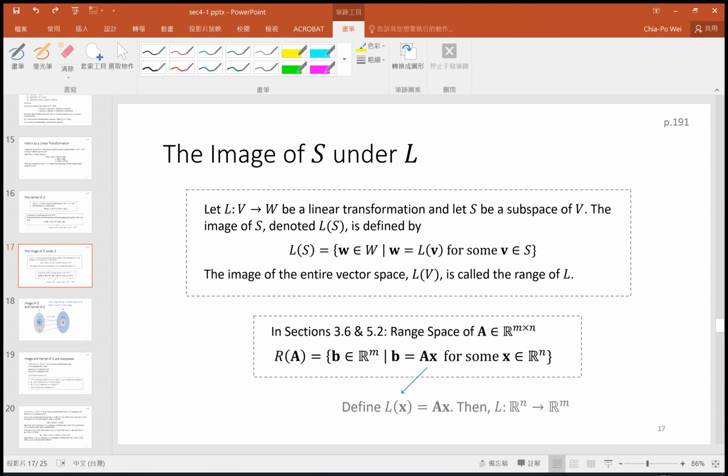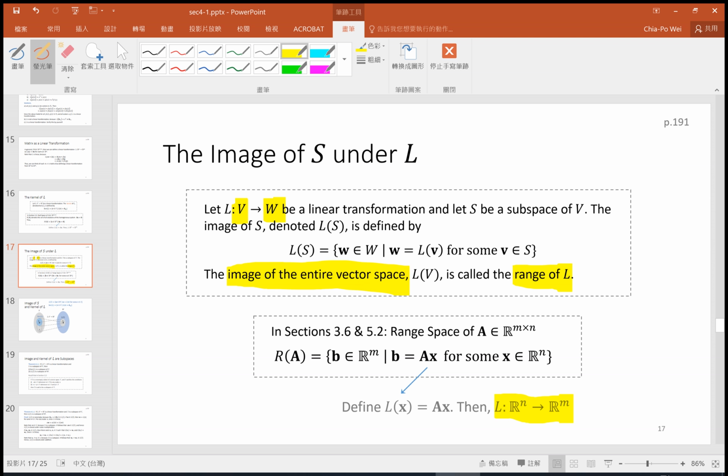To prove this, note that L is a mapping from R^n to R^m. Therefore, V corresponds to R^n and W corresponds to R^m. The range of L is the image of the entire vector space.